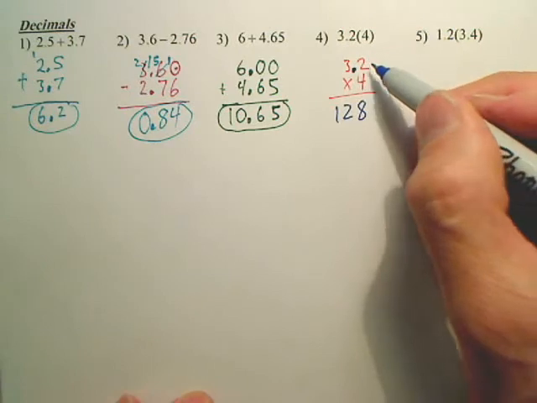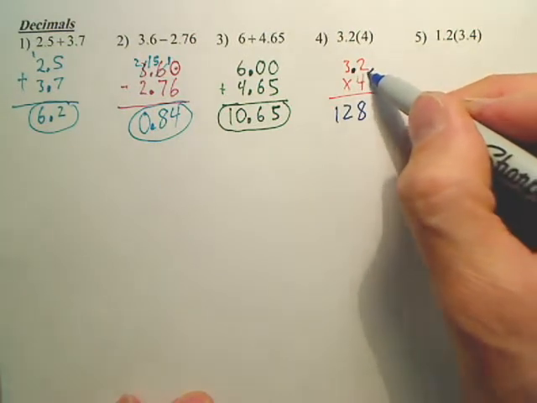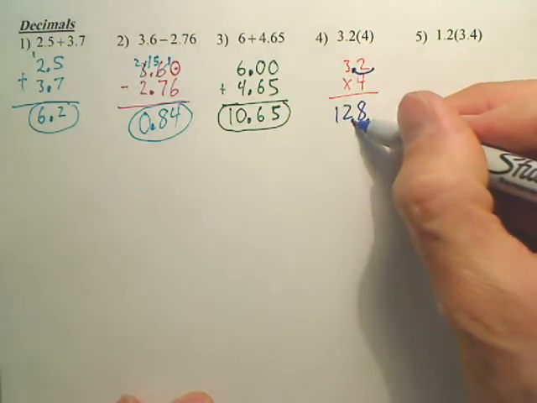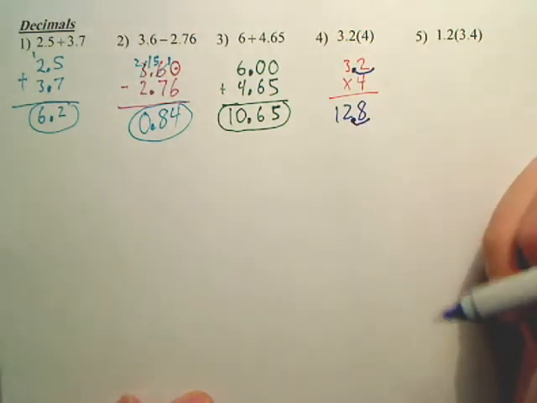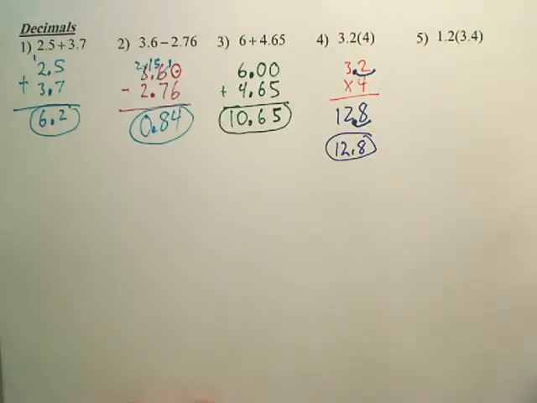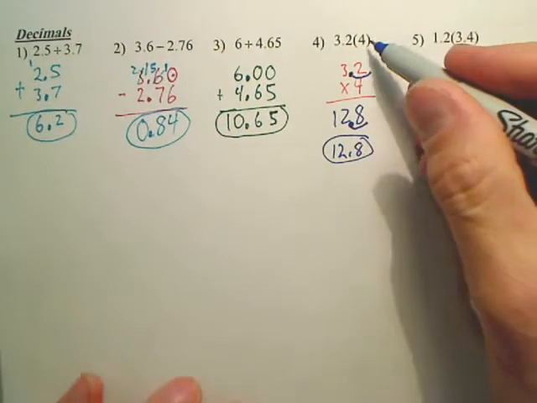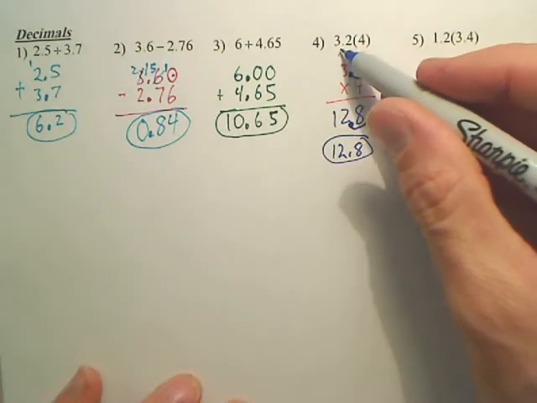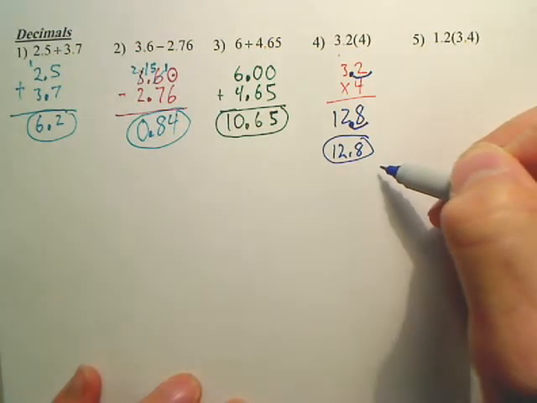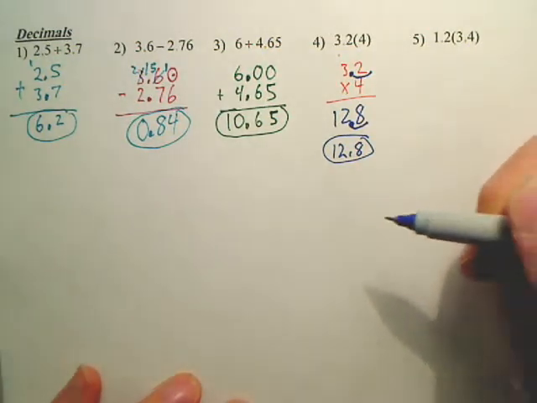Well, basically you look at it and you count, okay? I go, okay, I brought it 1 over, right? So what I do is I come here and I put my decimal right there, 1 over. So it's 12.8. Basically, if I bought 4 items at $3.20 each, it would end up being $12.80. That's what that's saying.